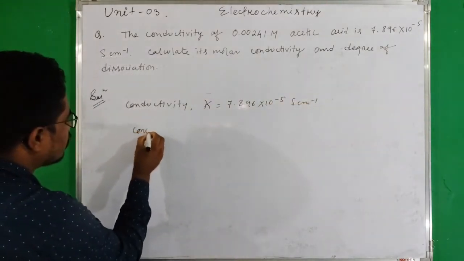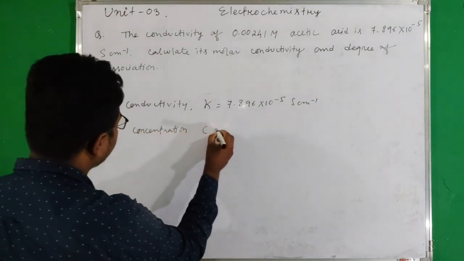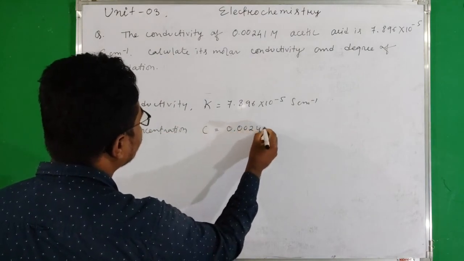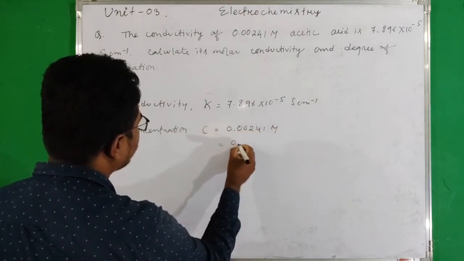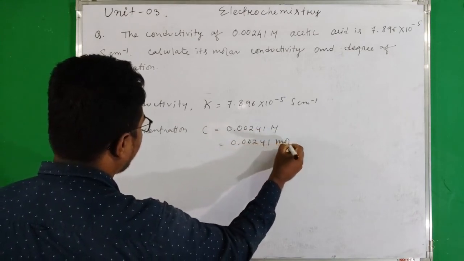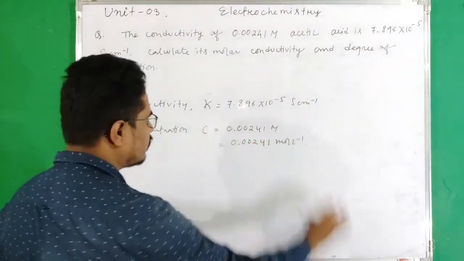And the concentration is also given, C equals 0.00241 molar, equal to 0.00241 mole per liter. Molar means mole per liter.